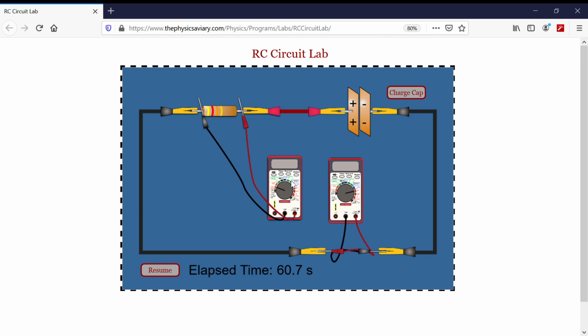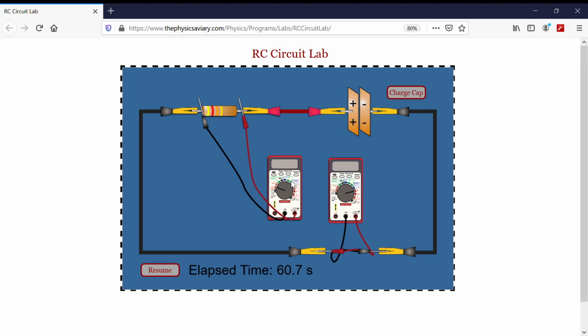So at time 42 seconds, because 42 seconds is a little bit above 40 seconds, the voltage should be a little bit lower than 3.4 volts. And we've calculated that 36.8% of 9 volts is 3.31, so that's not far. 3.4 volts is not far from 3.31. So that means that we are on the right track.